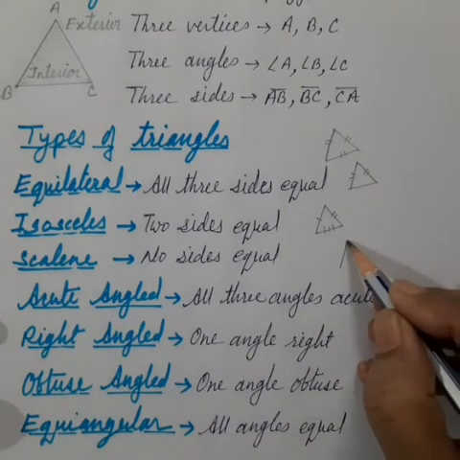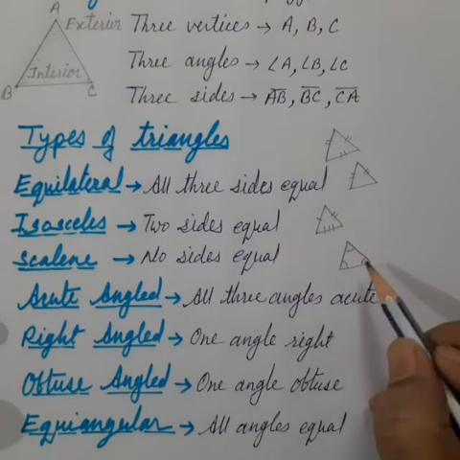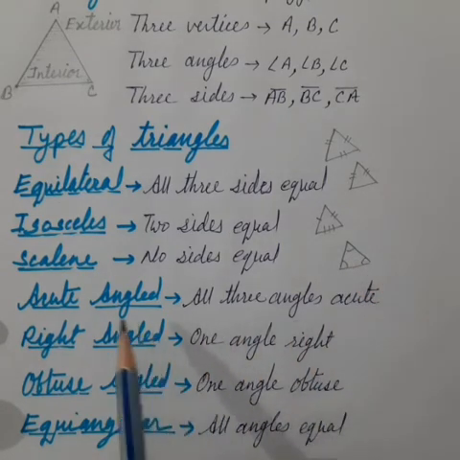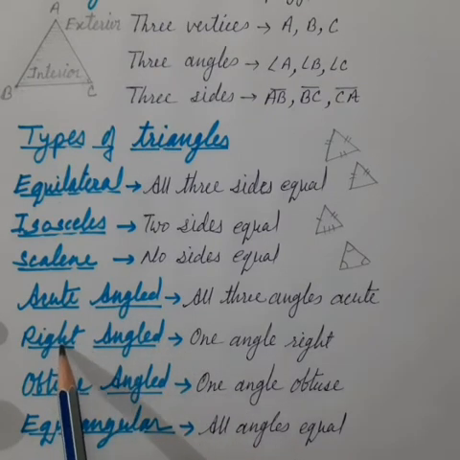Acute angled. Acute means the angle whose measure is less than 90 degrees. So if the triangle has all angles acute, all angles less than 90 degrees, the triangle is called an acute angled triangle. Right angle means the measure of the angle is exactly 90 degrees.